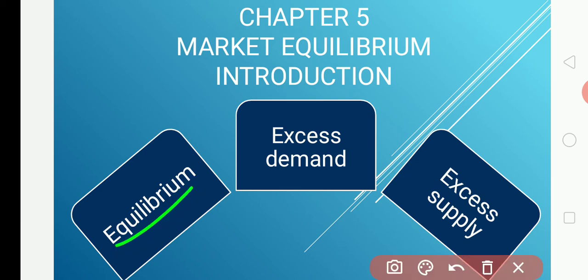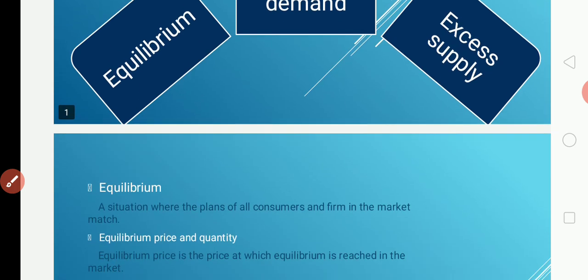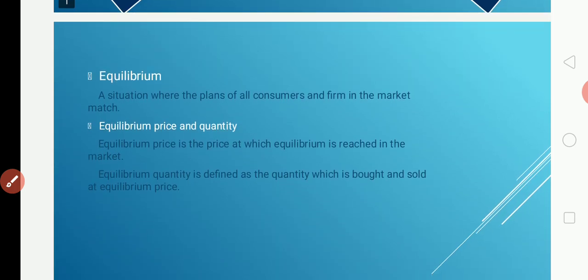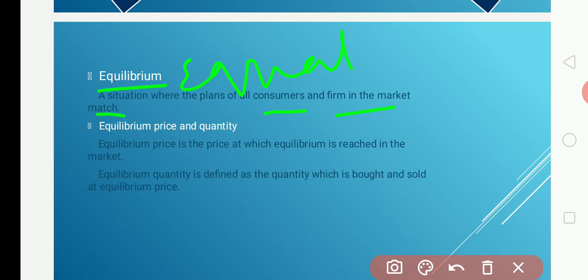First of all, as I told you, equilibrium means equal, the same. An equilibrium is defined as a situation where the plans of all consumers and the firms in the market match. For the consumers it is satisfaction, for the firm it is profit.